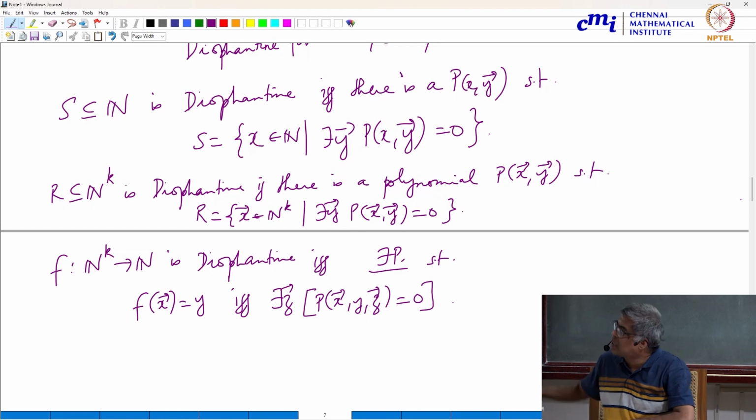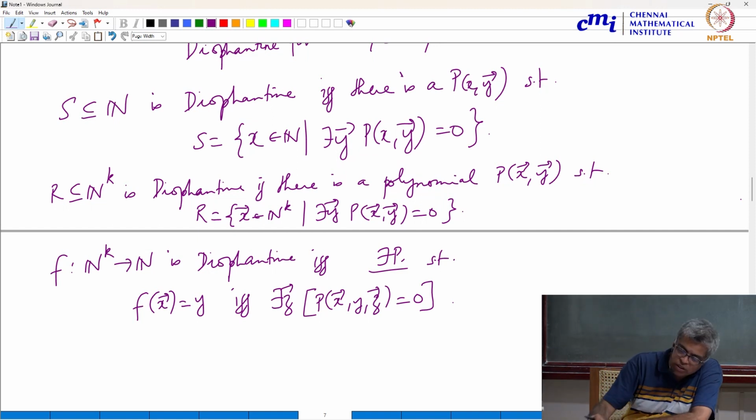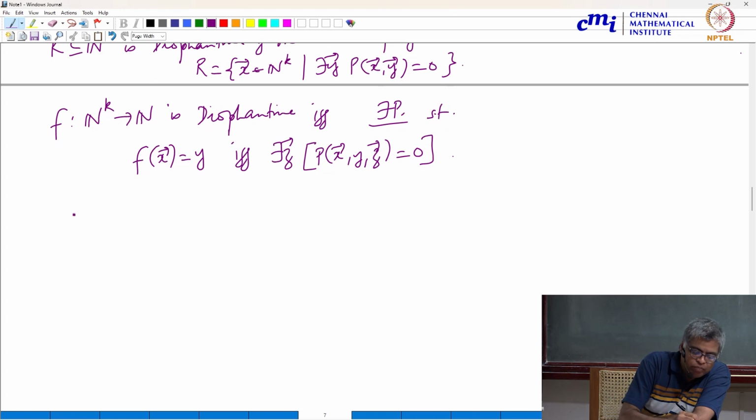Now, one thing I can tell you is that the earlier things that we saw, the functions P, L, R, etc., are all Diophantine. Why? Let me just use the angled bracket notation.